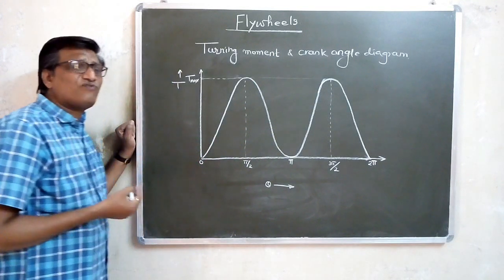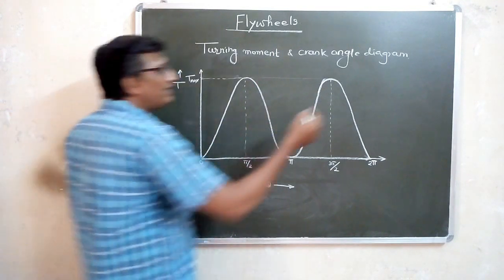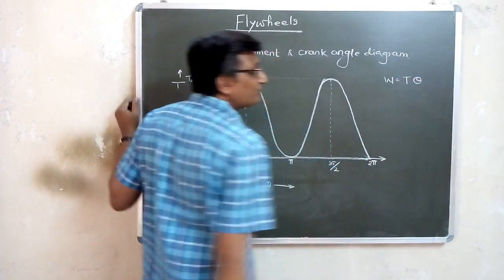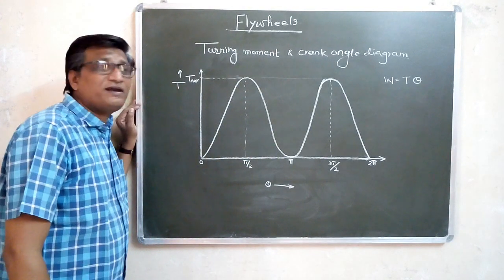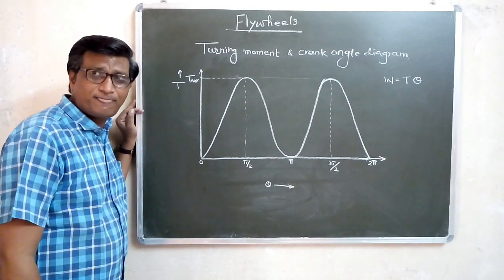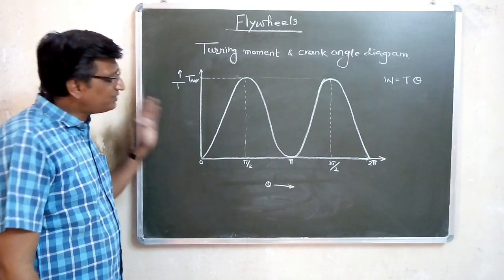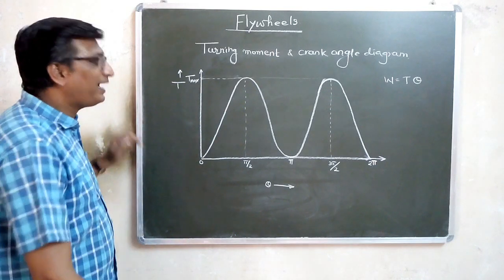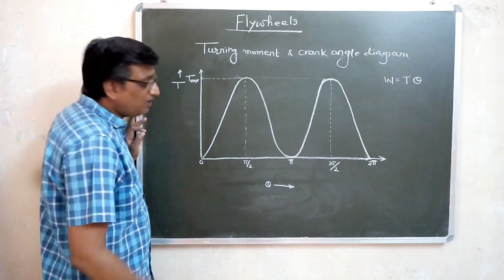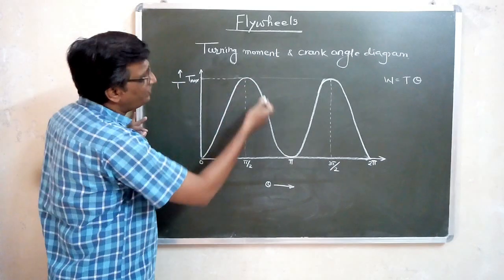Now generally, the work done is nothing but T into theta, that is, torque into angular distance moved. In this case, work done per cycle can be taken as torque into theta. Here this is the variation of torque.